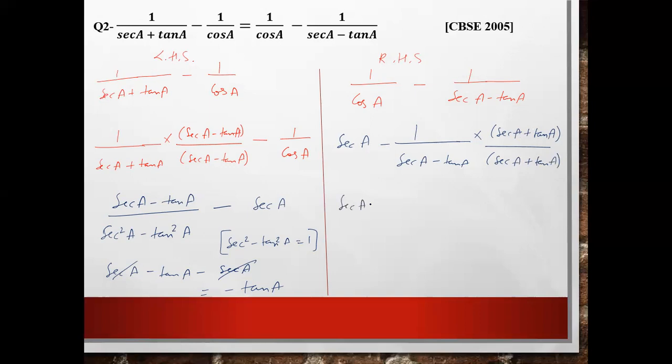So sec A minus, I'll be getting sec A plus tan A. And in the denominator, I'll be left with sec A minus tan A, sec A plus tan A. Again, using the same identity, I can write it as sec square A minus tan square A. All right, and I know with this identity that sec square A minus tan square A is 1. So I'll be left with sec A minus sec A minus, while I open this bracket with minus, I'll be getting both as minus sign only, sec A minus tan A. So I'll be left with minus tan A.